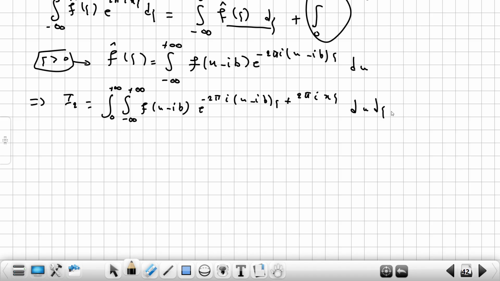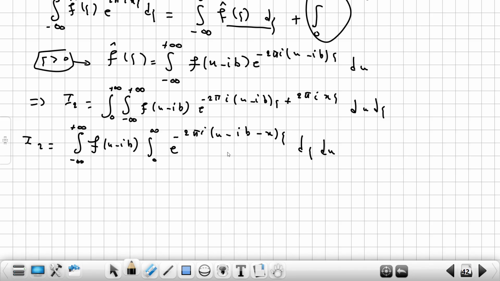Now, I2 equals the integral from minus infinity to plus infinity, interchanging the integrals, this can be written as the integral from minus infinity to plus infinity of f of u minus ib, integral from 0 to infinity of e to the power minus 2 pi i (u minus ib minus x) xi d xi du.